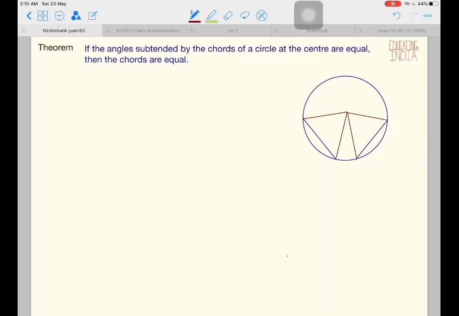So if this angle is x and this angle is x, both angles are the same, then the chords AB and CD should be the same. We have to prove that chord AB is equal to chord CD.